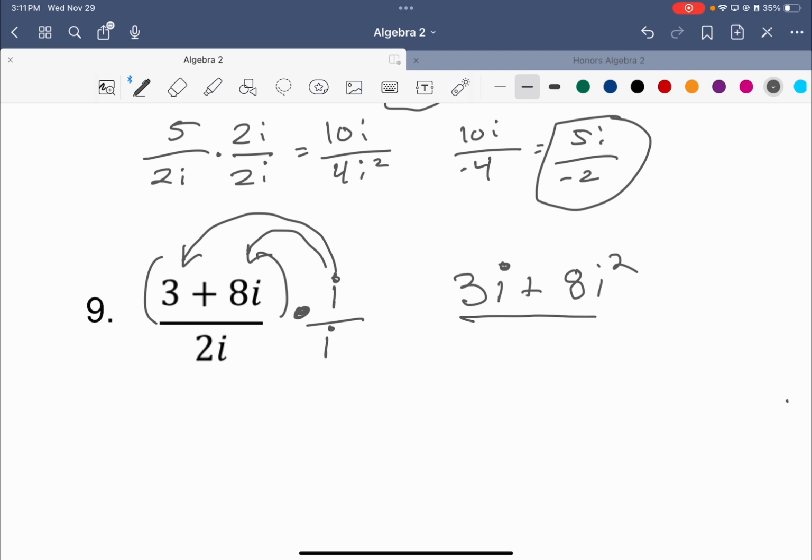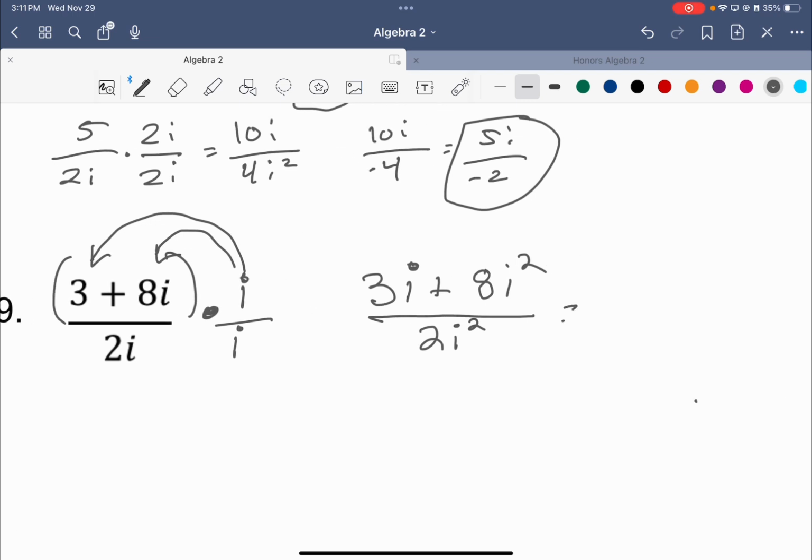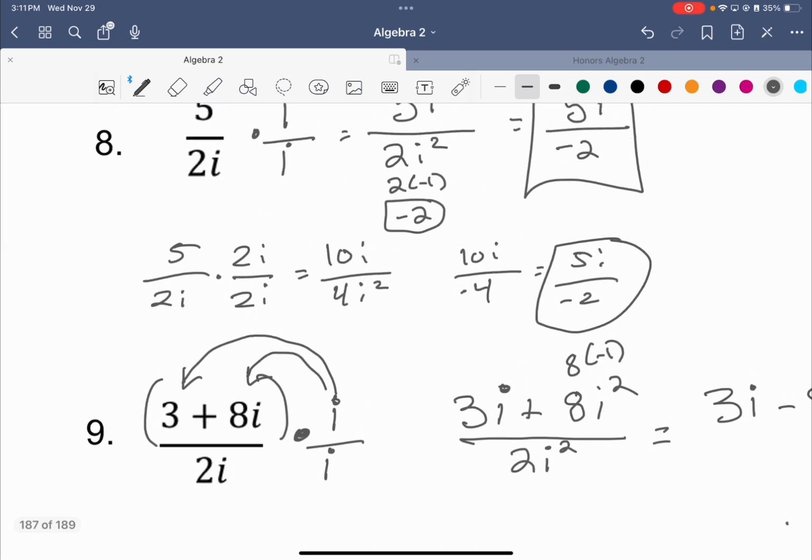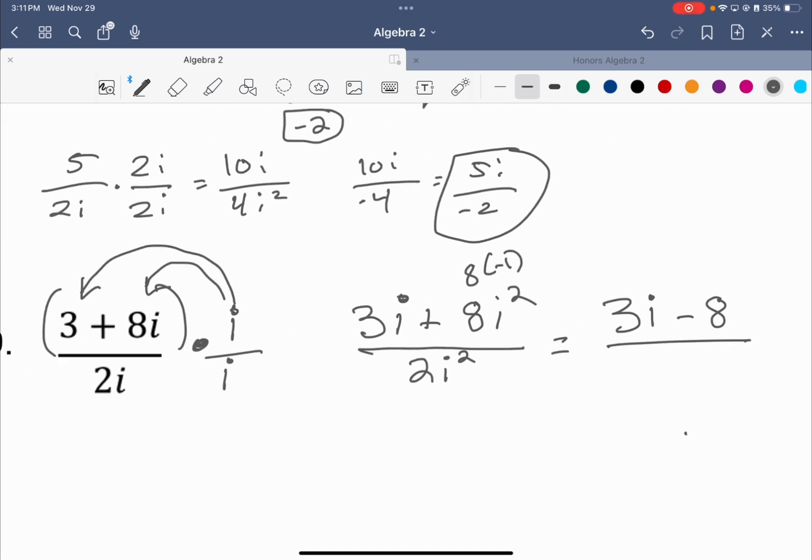We'll come back to that in a second. 2i times i is 2i squared. Now let's look at the numerator. This would be 3i minus 8. Remember, i squared is negative 1, so that's 8 times negative 1, which is negative 8. On the bottom, it's going to be negative 2. The i is gone. There's your solution. And leave it like that.